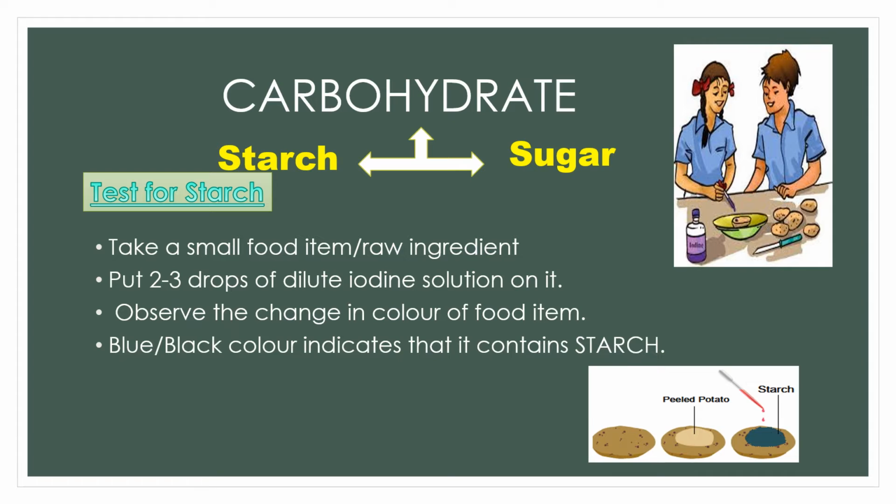You will find a blue-black color. If you find a blue-black color, that indicates that it contains starch. You are seeing this on the potato slice, a peeled potato. We have put dilute iodine solution on it, and it became blue-black, so it contains starch. It is shown in your NCERT books also.